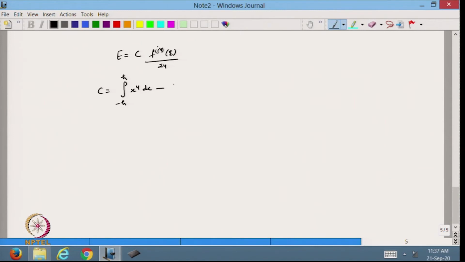This will be the difference between the integral and the value of a f(minus h) plus b f(0) plus c f(h), the formula, and I know the values of a, b, c. So, from here I can write that this is equal to the integral from minus h to h of x to the 4 dx minus h by 3 times f(minus h), which will be h raised to power 4, f(0) will be 0, and f(h) will be h raised to power 4.